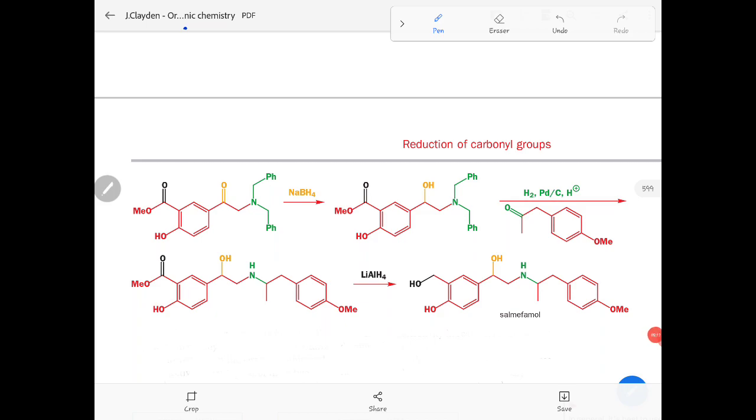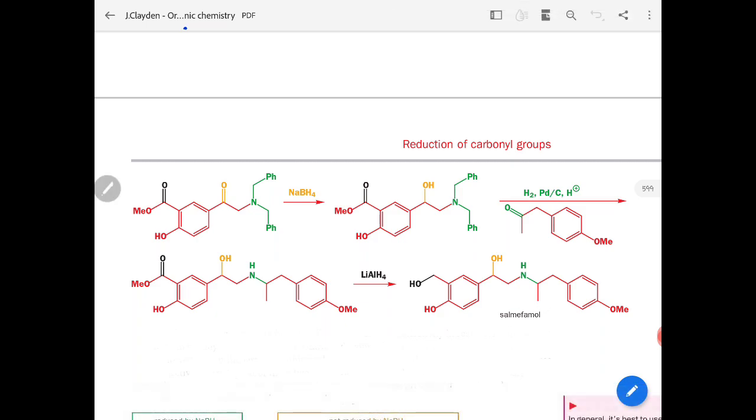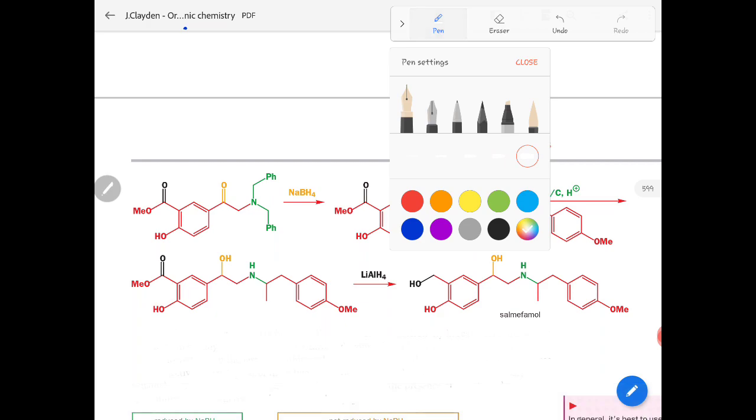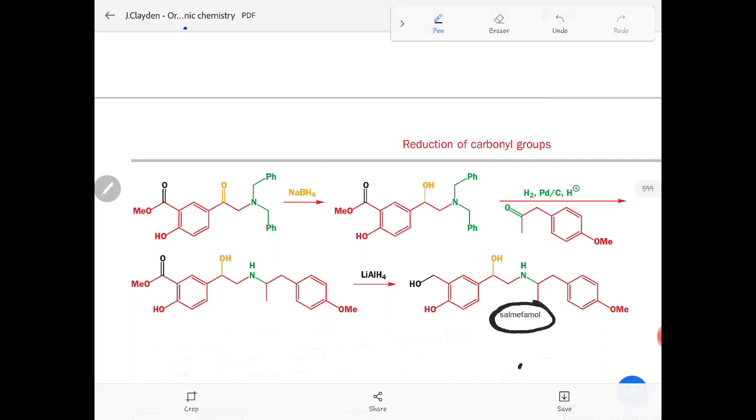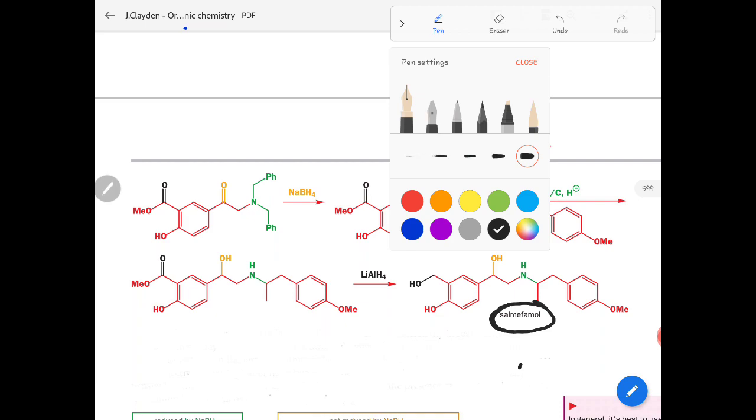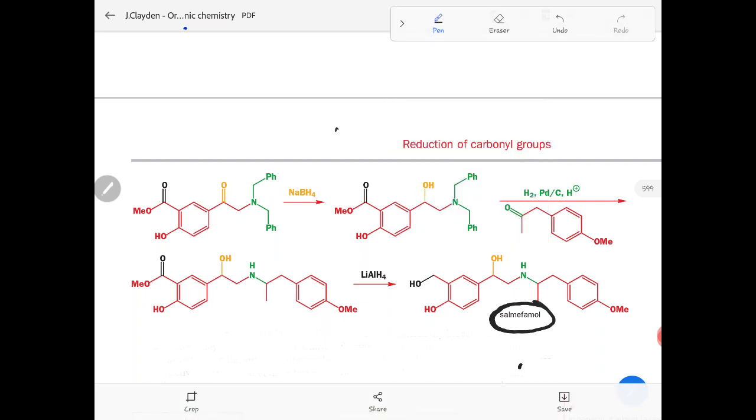Here you can see a sequence of reactions. This sequence will lead to the formation of salmeterol. This salmeterol is an anti-asthma drug, and you can see from where it is prepared and what conversions happen during the course of the reaction.